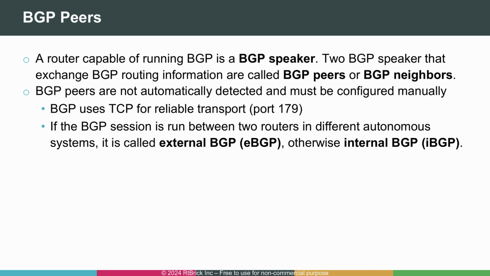BGP uses TCP as its transport protocol to provide a connection-oriented, reliable communication. Therefore, it does not need to implement retransmission or error recovery mechanisms. BGP runs on well-known TCP port 179. As the BGP session is considered reliable, there is no need to send periodic update messages, therefore only incremental changes are sent.